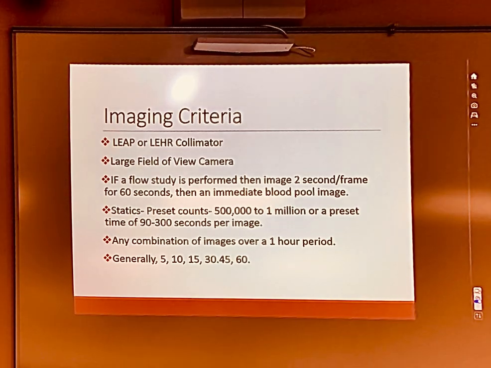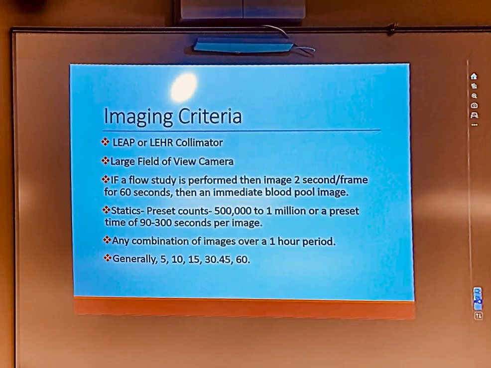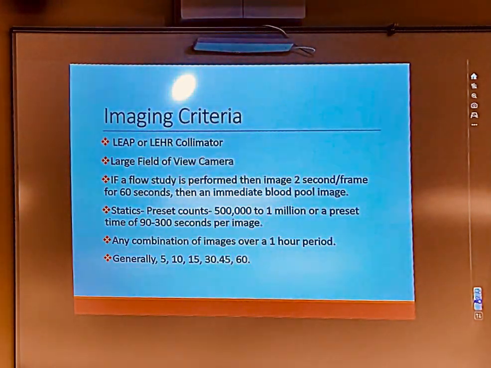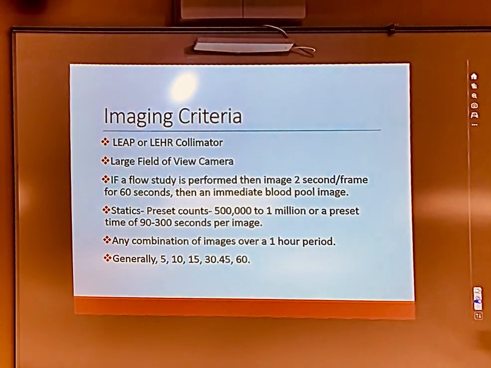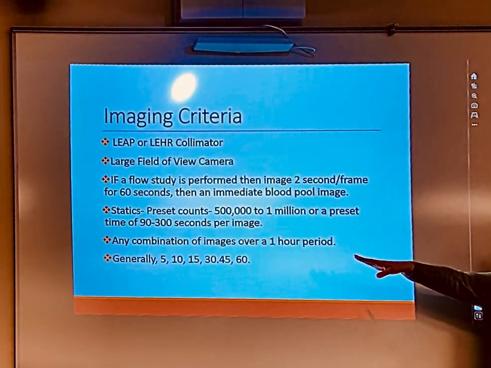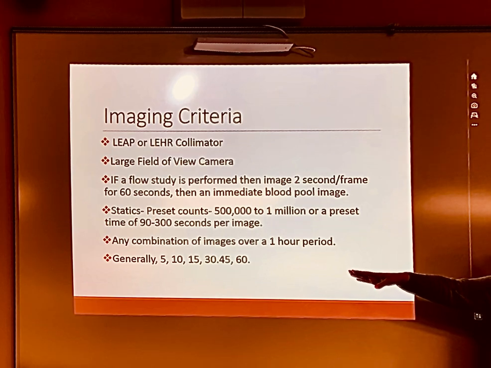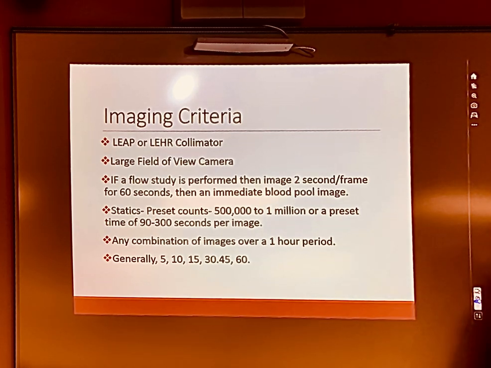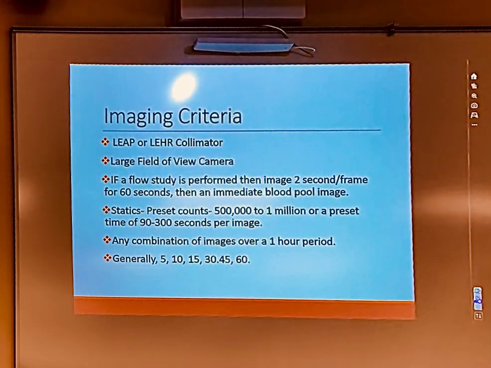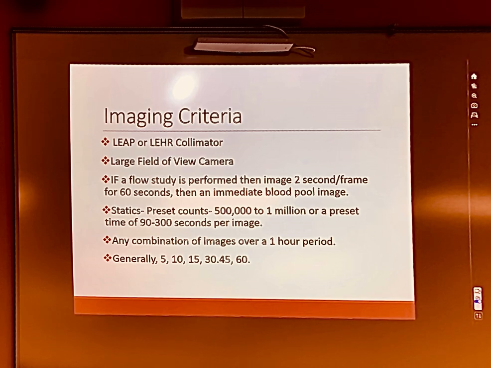If your patient comes back at 4 hours and you take a 90-second picture, your picture's going to look like, what the heck is this, right? So most places will do 300 seconds an image, which is 5 minutes, or 500K. So 5 minutes or 500K is sort of the rule of thumb, okay?